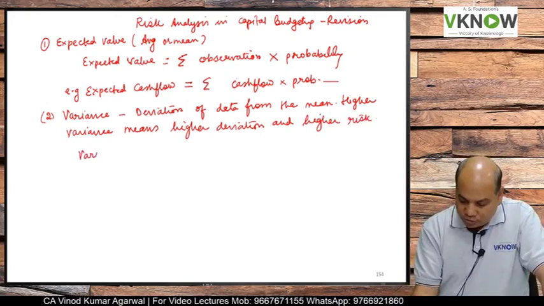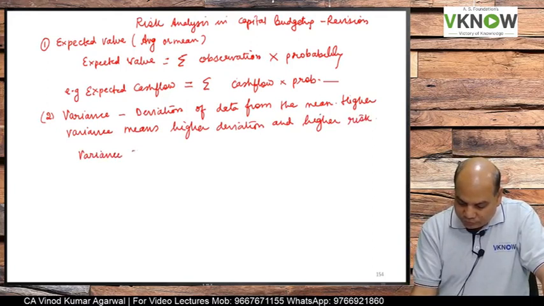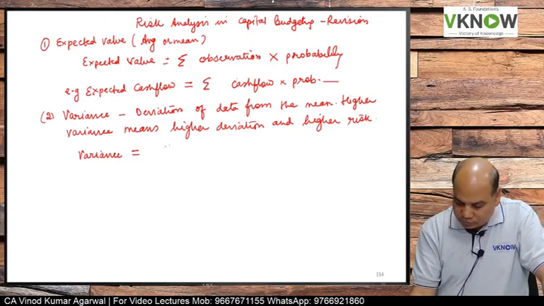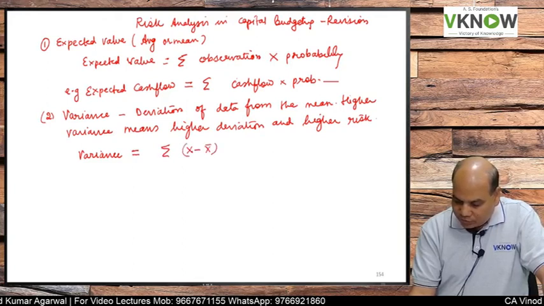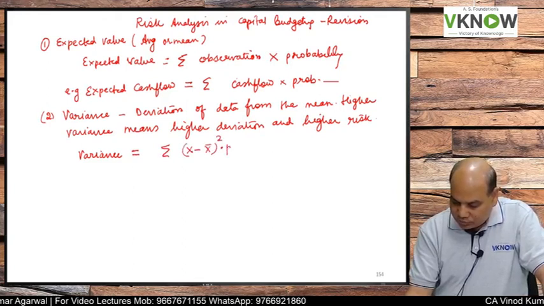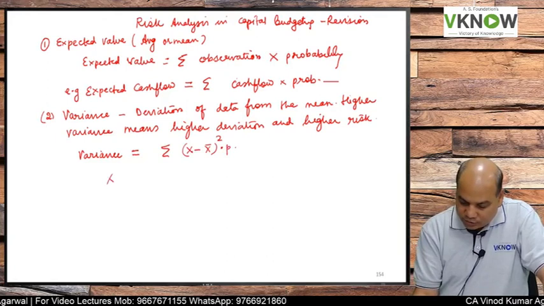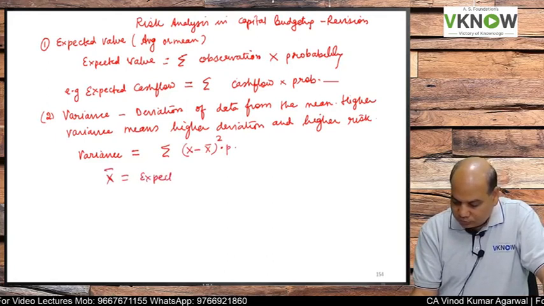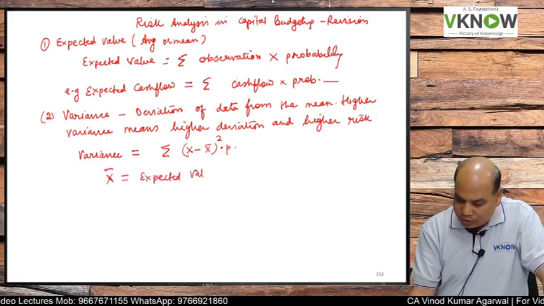So how do you calculate variance? Variance is equal to the sum of x minus x bar square into p. And what is x bar here? Expected value, which we have calculated above. And what is p here?